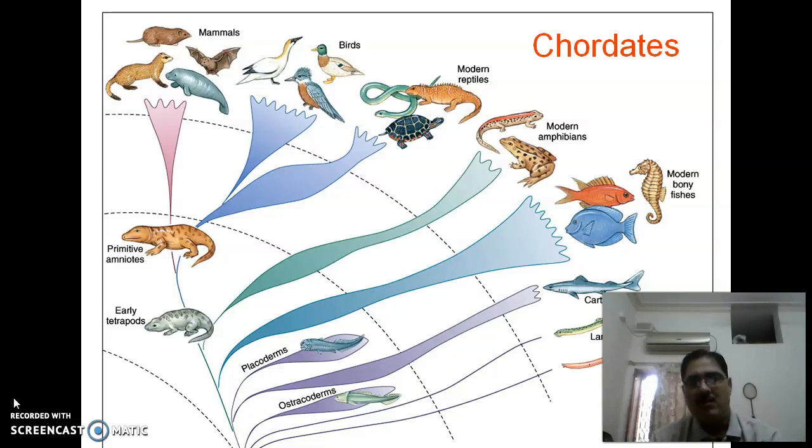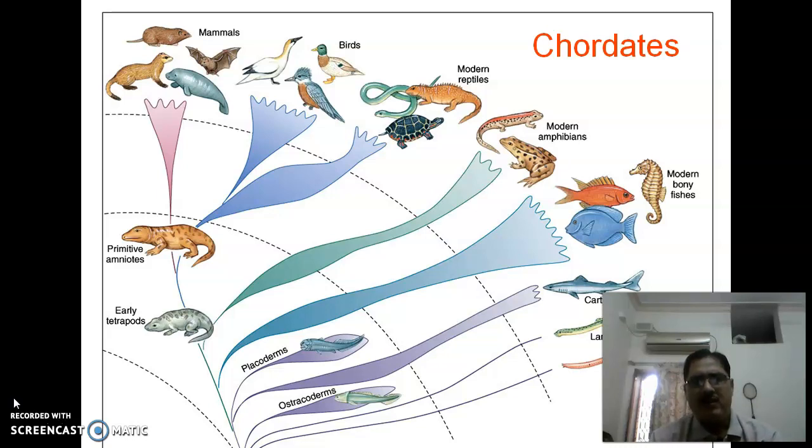In the vertebrates, the notochord or the chorda dorsalis is partially or fully replaced by a vertebral column, which consists of either cartilaginous or bony vertebrae.